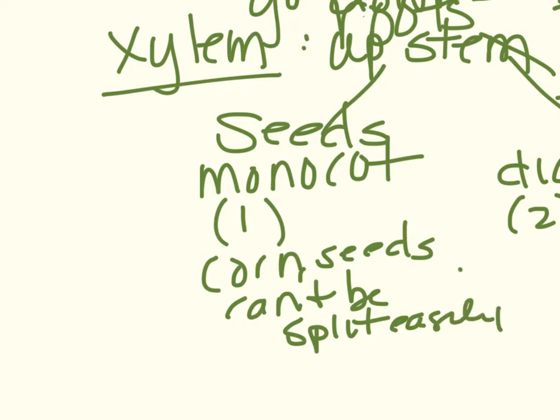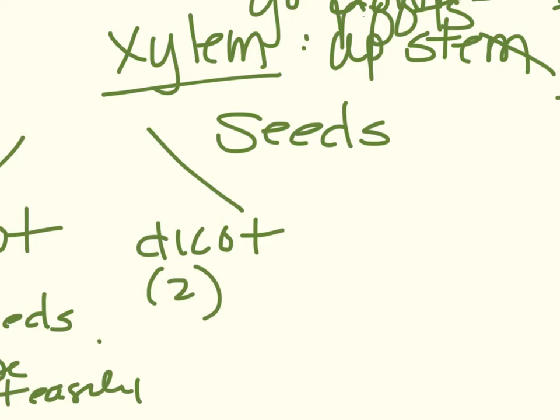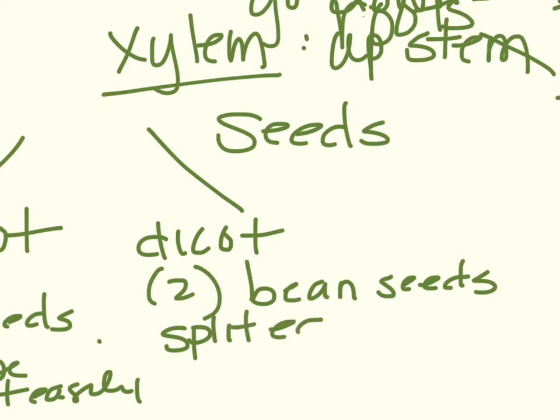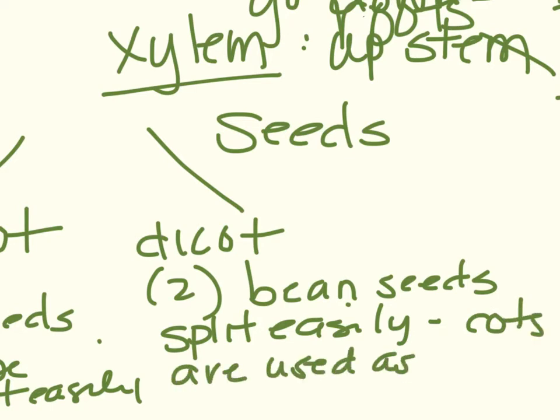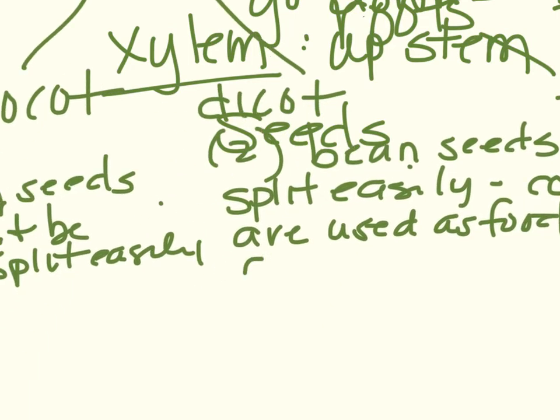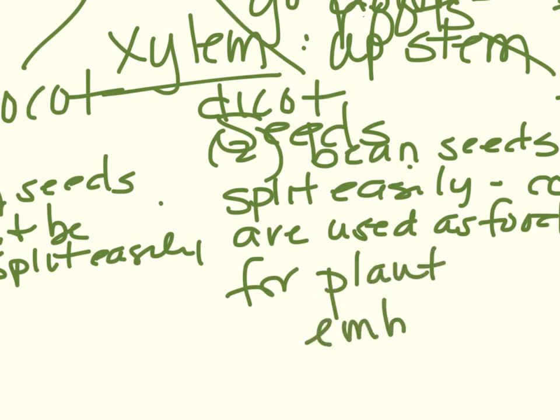Dicots are things like the bean seeds, which we are cultivating in the classroom. I can't wait to see what they look like when we get back. So bean seeds split easily. And the cotyledons are used as food for the plant embryo.